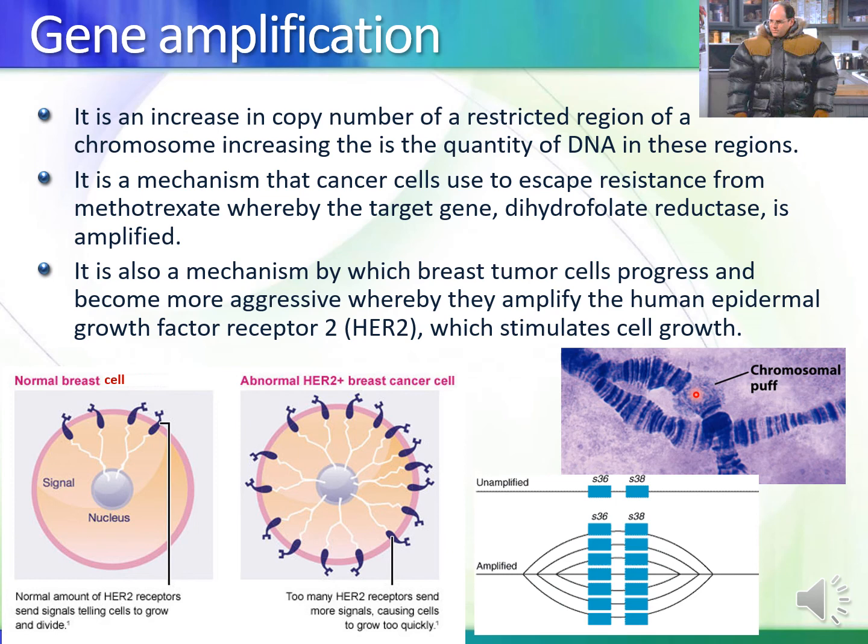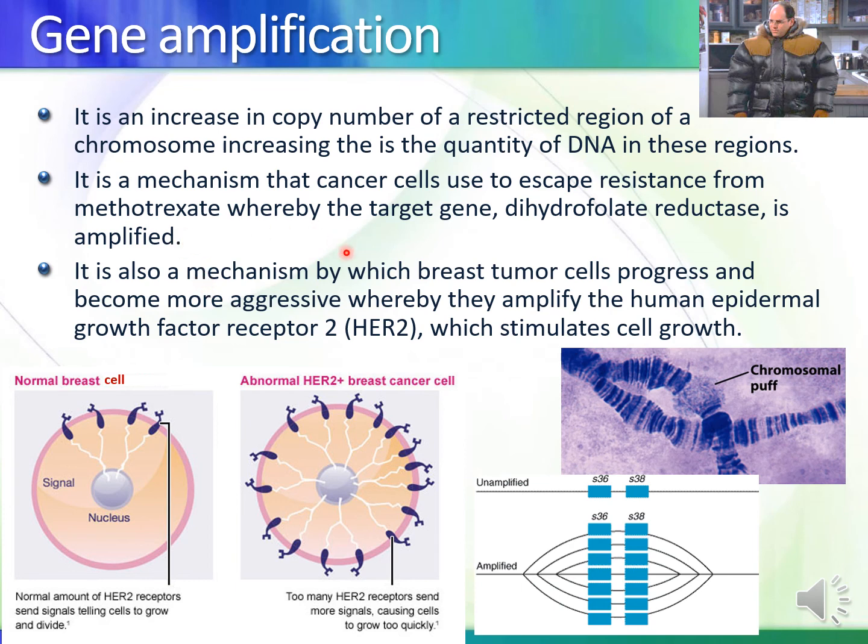So why is it that cells do this? Why do they amplify DNA? Well, if they are put under stress, okay, for example, cancer cells can escape resistance from methotrexate, okay, which targets the enzyme dihydrofolate reductase. What cancer cells do is that they amplify dihydrofolate reductase so that you have a lot of protein produced from the same gene, because now you have multiple copies that methotrexate cannot inhibit them all.